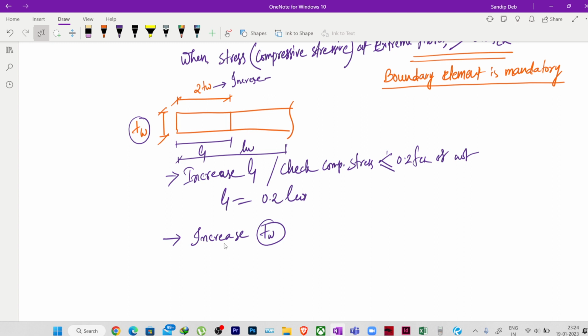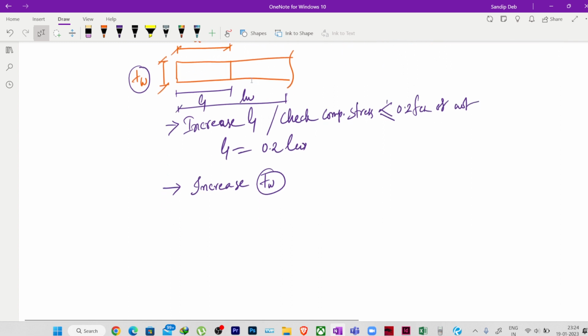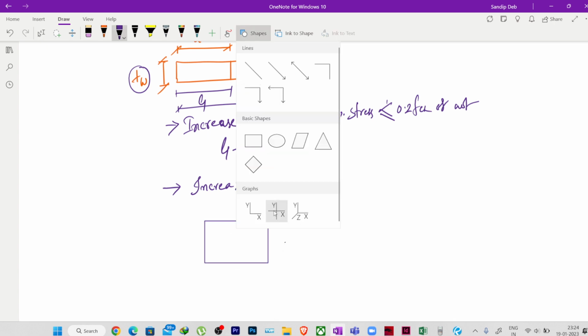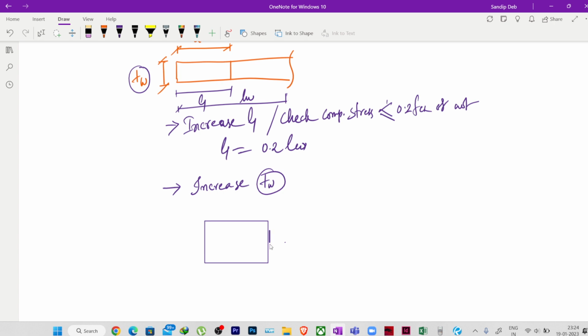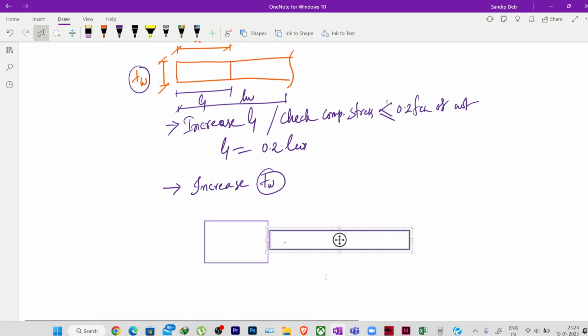Fine. So how will we be increasing the TW? In that case, you will have a shear wall like this. Suppose this is my boundary element, and here I have the wall like this. Okay, so basically suppose I will draw a section mark.